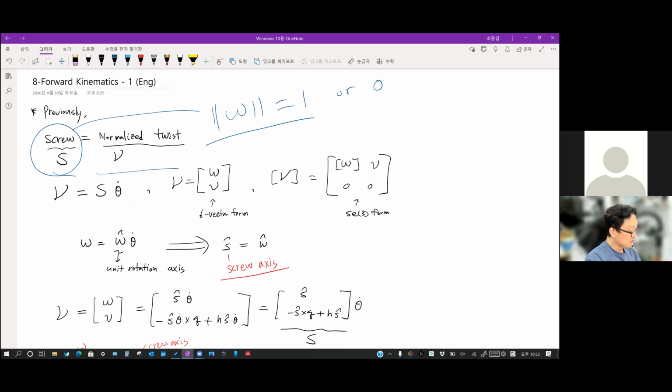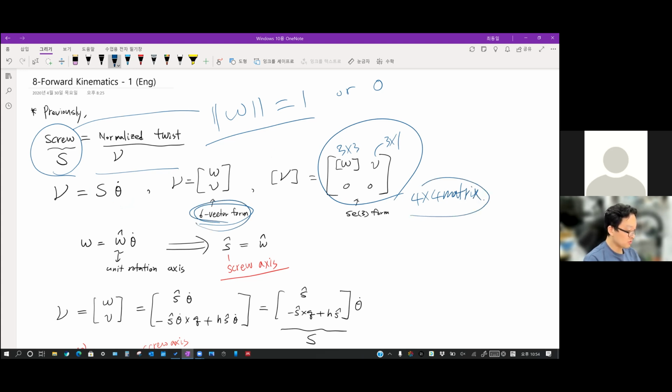The twist has a 6-vector form, or the twist bracket becomes the SE3 form. This one is 3 by 3, and this one is 3 by 1, so it becomes a 4 by 4 matrix. So there is a 6-vector form and a 4 by 4 matrix form.